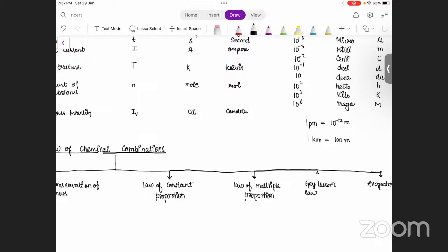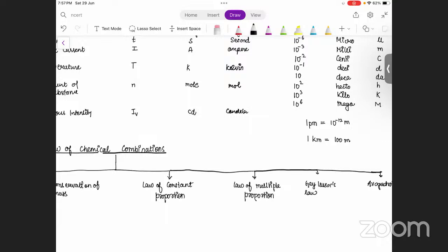So these are the four topics that we have to learn further to understand some of the basic things about chemistry. Until now we have learned about matter. How do we classify the matter? What is the system that is used for measurement?